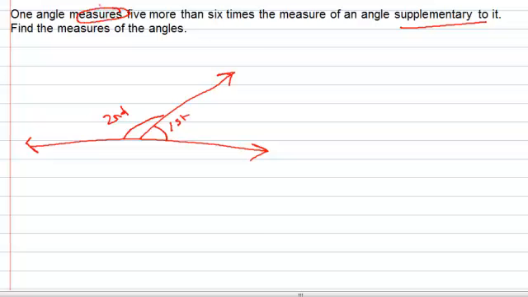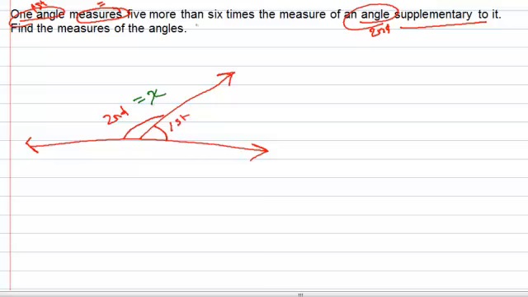So one angle measures, which we can reinterpret to be equal to, 5 more than 6 times the other. So this angle, we're calling the second angle. This angle, we're calling the first angle. And sometimes we have to do that. We have to make it clear so we don't get them mixed up. So now, the second is our x.